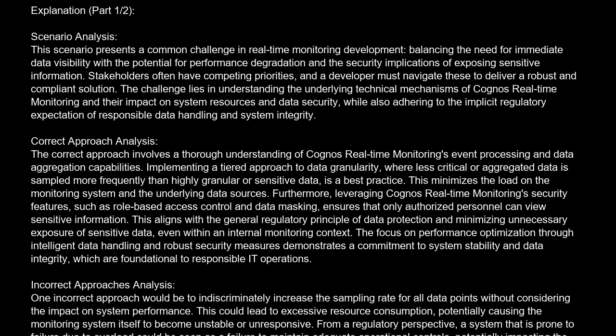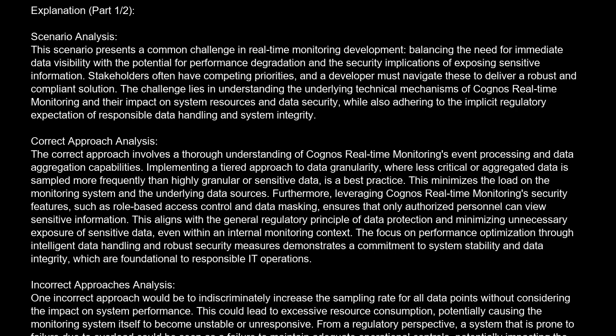The challenge lies in understanding the underlying technical mechanisms of Cognos real-time monitoring and their impact on system resources and data security, while also adhering to the implicit regulatory expectation of responsible data handling and system integrity. Correct approach analysis. The correct approach involves a thorough understanding of Cognos real-time monitoring's event processing and data aggregation capabilities. Implementing a tiered approach to data granularity, where less critical or aggregated data is sampled more frequently than highly granular or sensitive data, is a best practice.